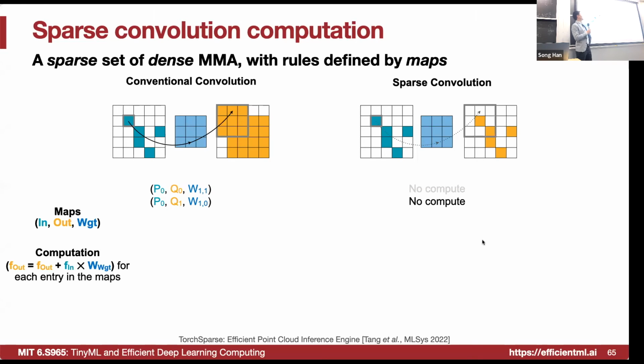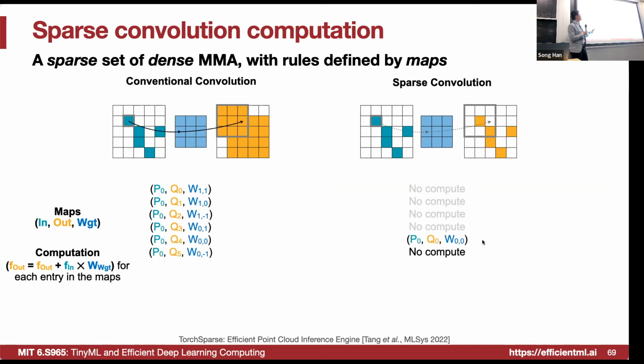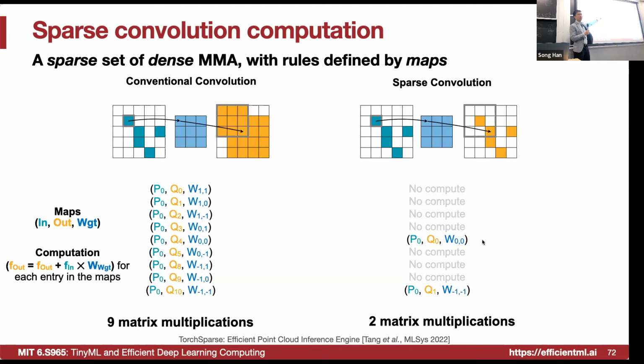Therefore, if the kernel is 3 by 3, each input is going to interact with 9 outputs in the dense 2D convolution. But in sparse convolution, not all the outputs will interact with a certain input.